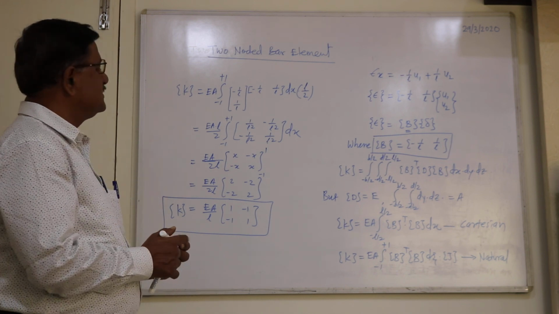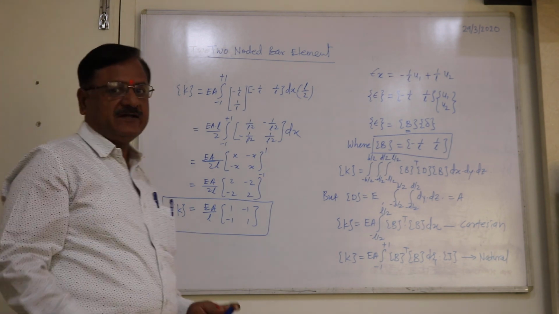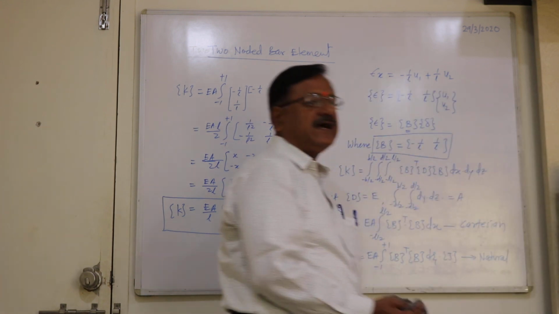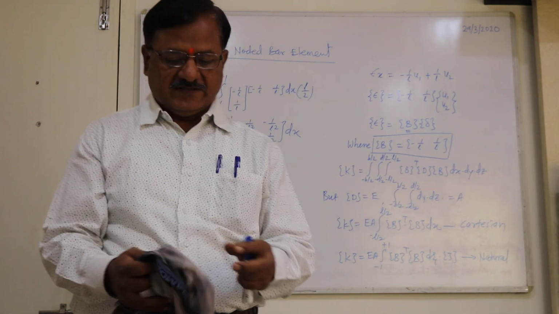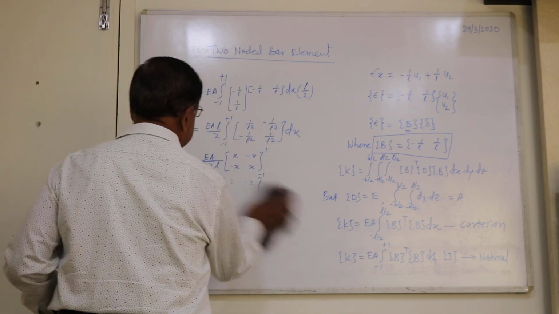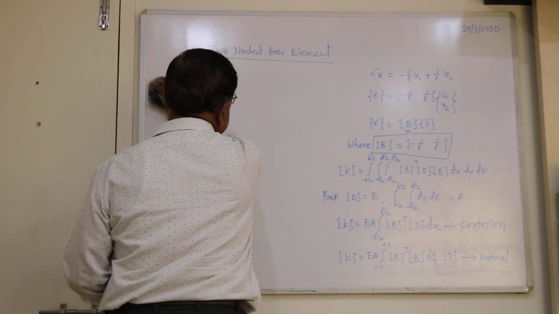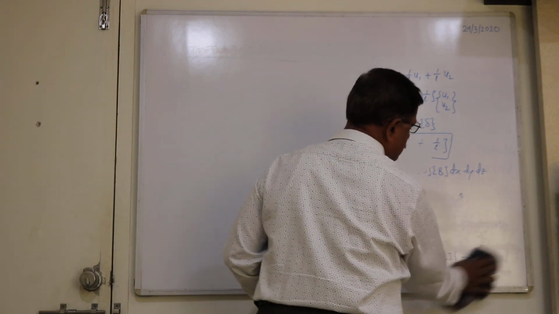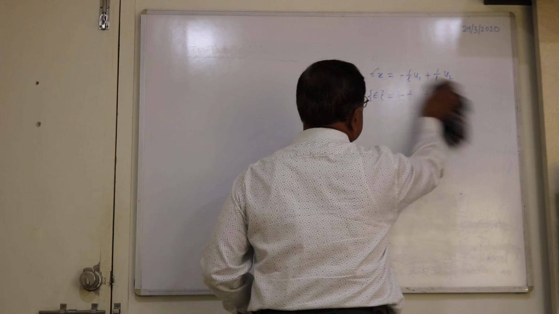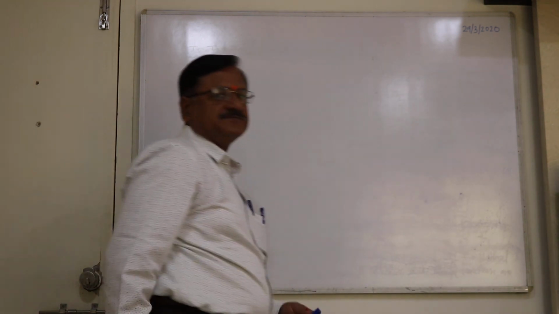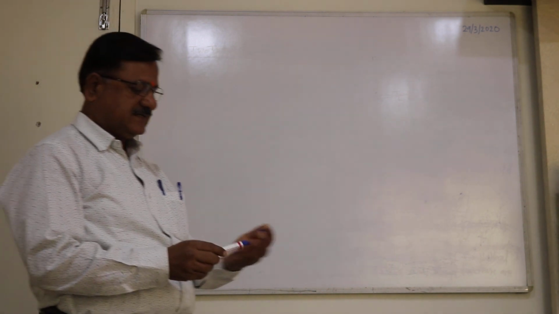What is required is the development of shape functions. Once you are able to develop the shape functions, it is very easy to find the element stiffness matrix by using the isoparametric concept.